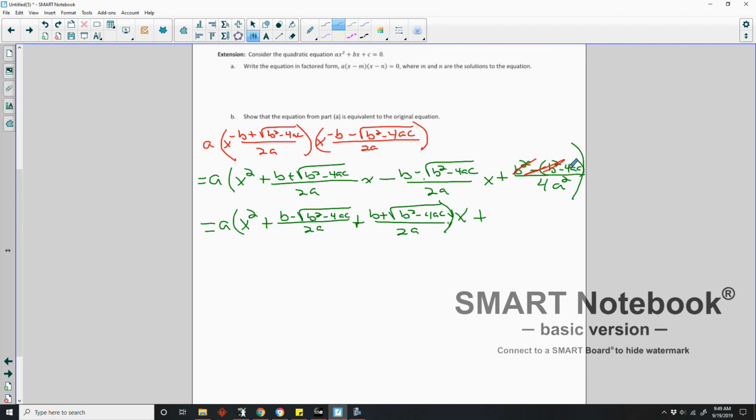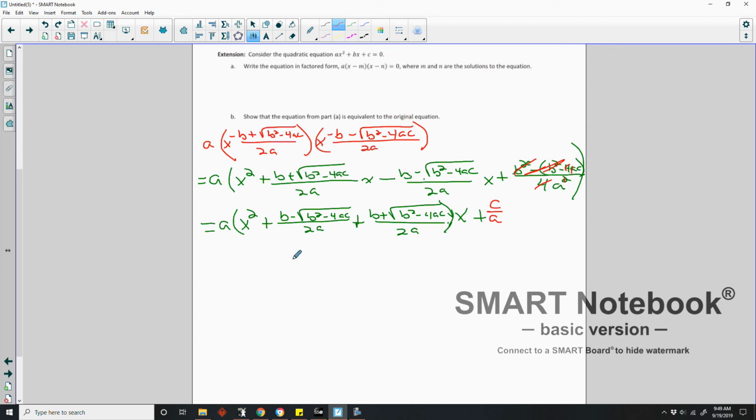So I have a minus 4 over 4, so that's going to cancel the 4's. And that minus and negative is plus, so 4 over 4 is 1. That goes away. So now I have a, that cancels with one of the a's down below, and that cleaned up to just c over a.